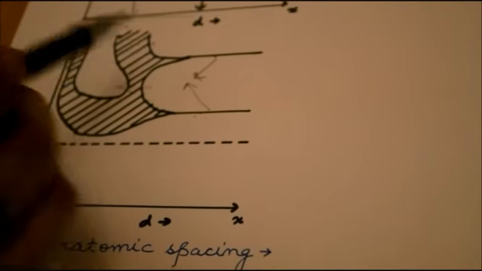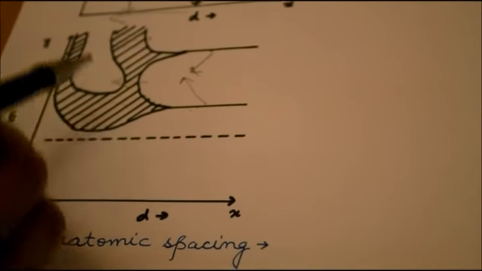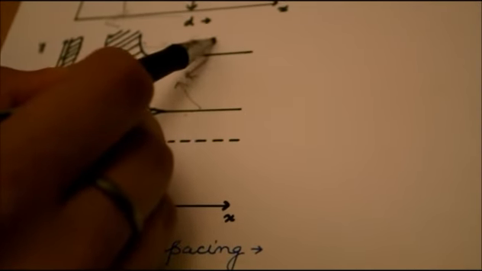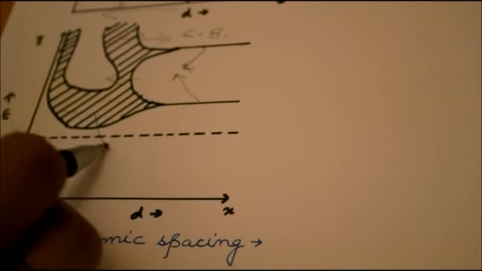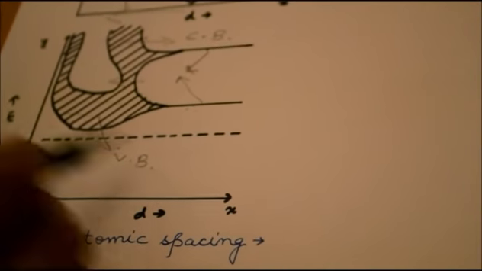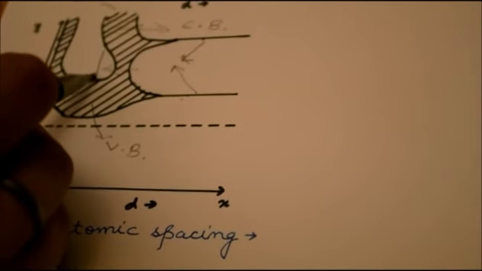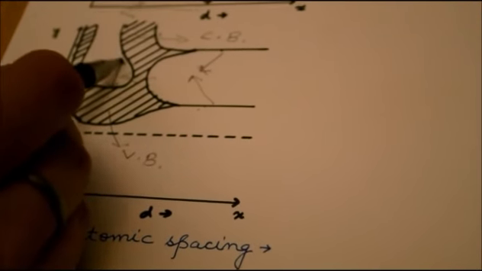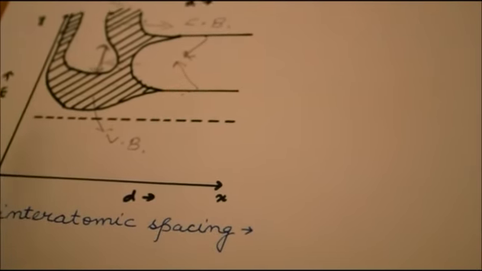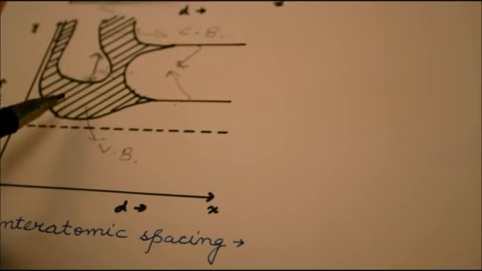This is one band, this is another band. This is usually known as the conduction band, and this is known as the valence band. As you have seen, there is an energy gap, and this distance is the energy gap. I hope you have understood what the conduction band and the valence band are.